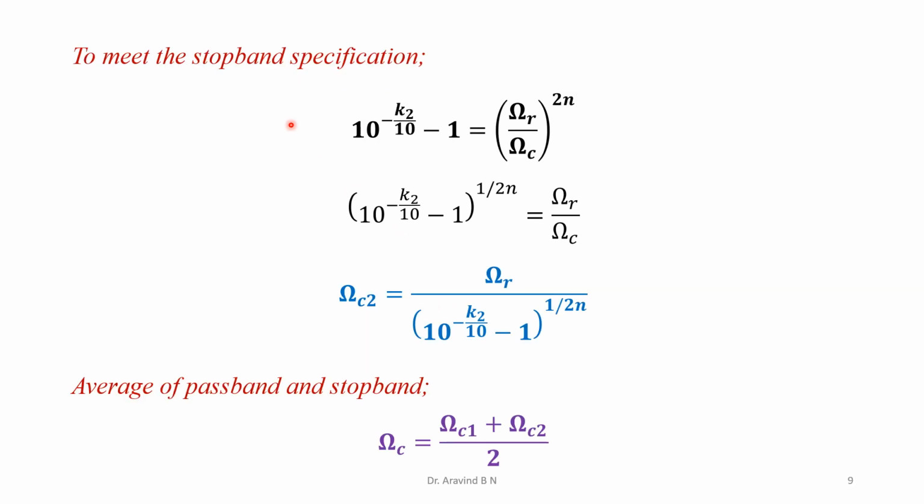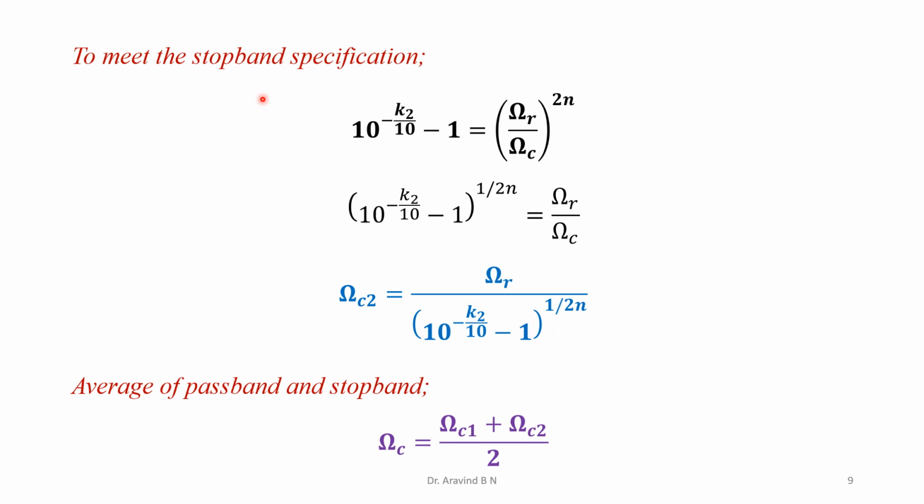A similar procedure is also done for the stop band. Equation 3 from the derivation of the order of the Butterworth filter is considered here, and the same procedure that we followed previously for the pass band is done, and here we call this omega c2.